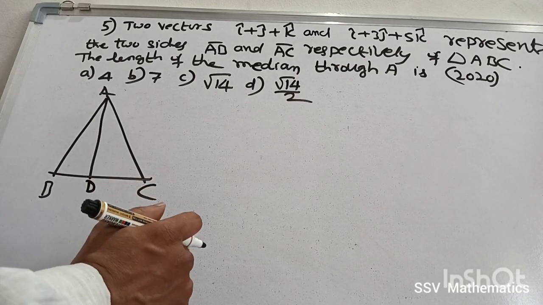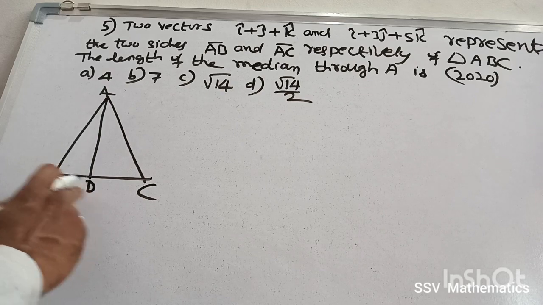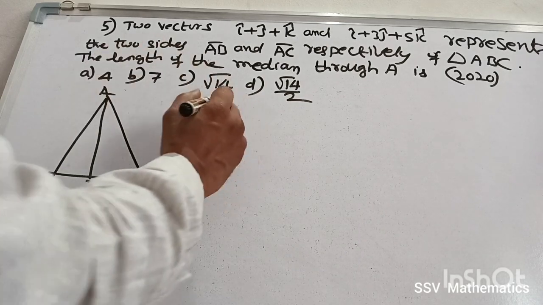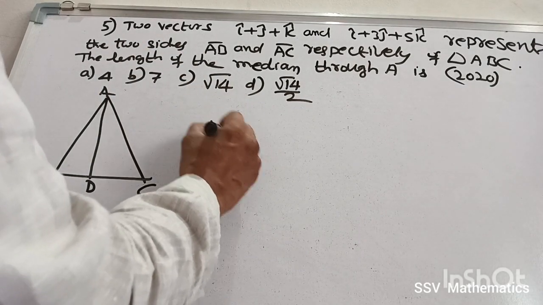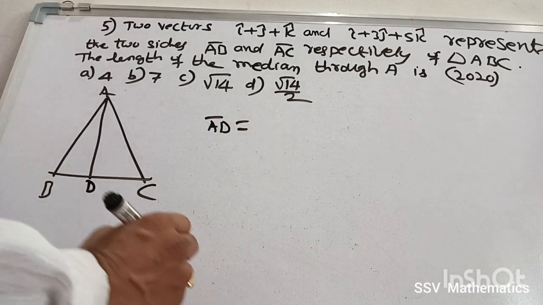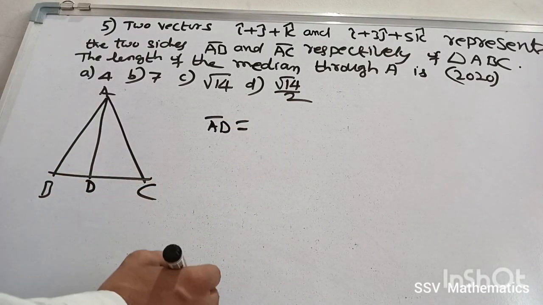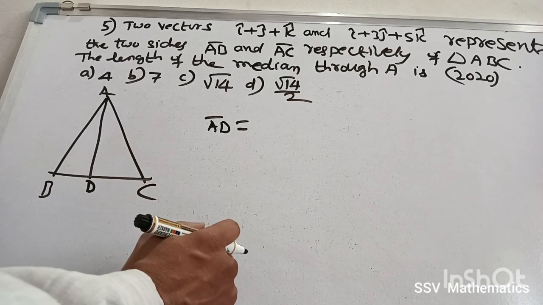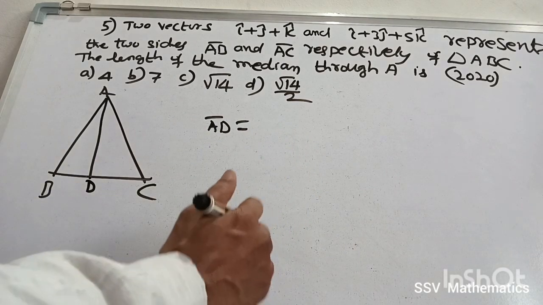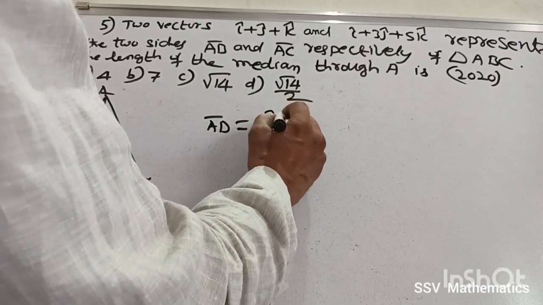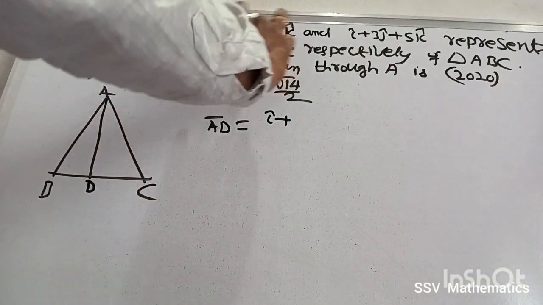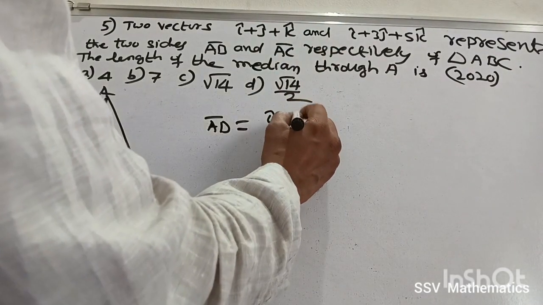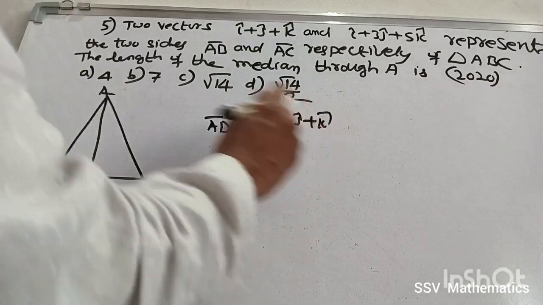Okay, so here D is the midpoint of BC, and AD is the median for the side BC. So therefore, AD can be written as the sum of these two sides divided by 2.